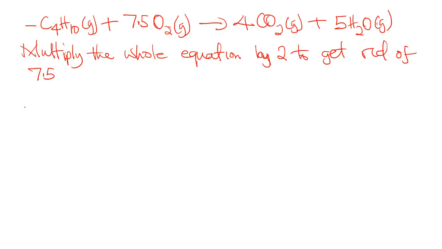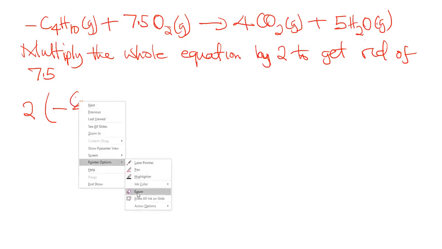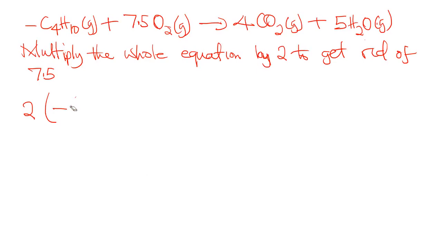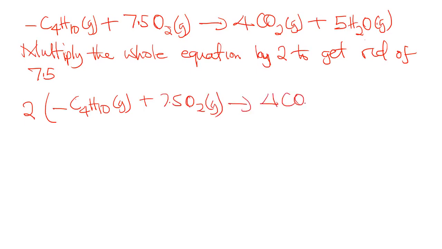So let's say I'll multiply the whole equation by 2. So 2 multiply C4H10 gas plus 7.5 O2 gas to give us 4 CO2 gas plus 5 H2O gas.